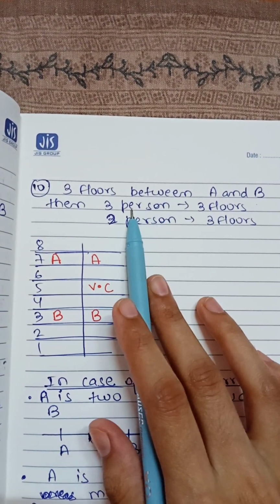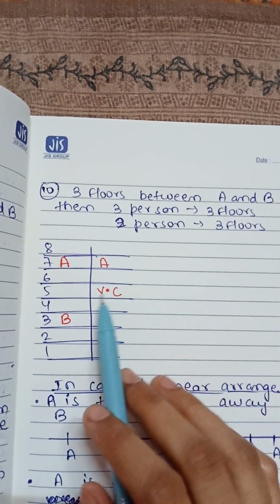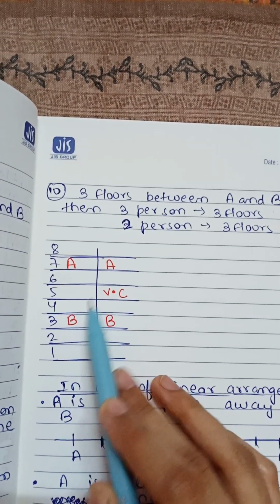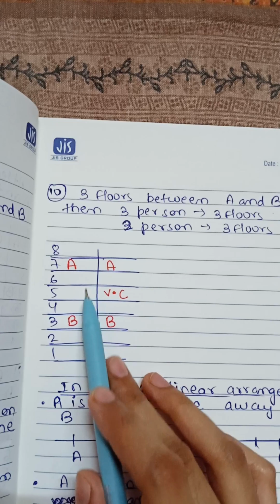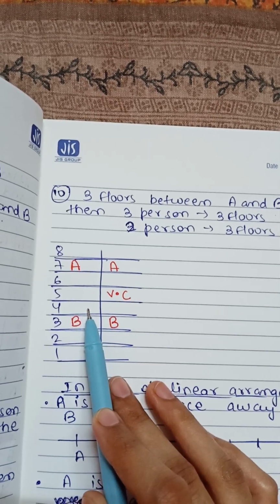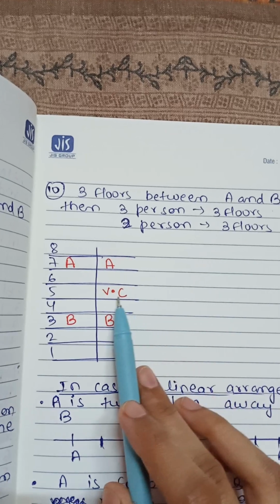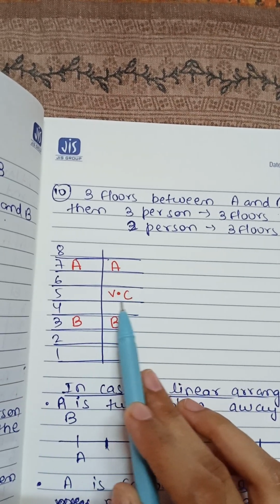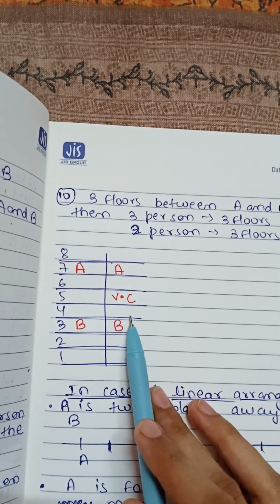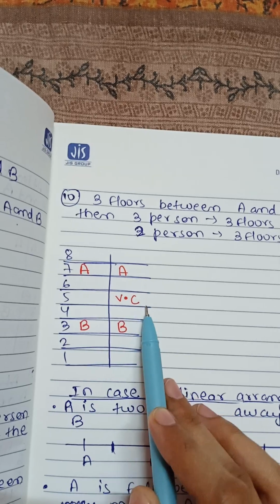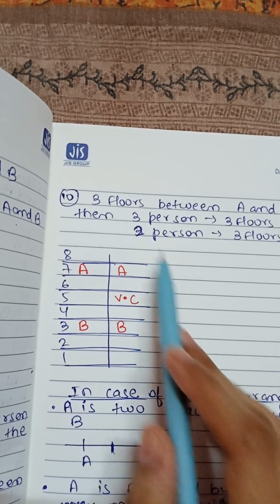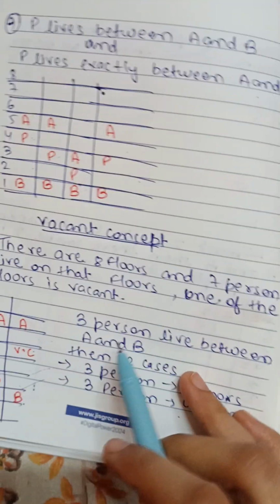If we have to place 3 floors between A and B, then simply there are 3 floors between A and B. Here 3 persons can sit. Or another one is 2 persons, 3 floors. There can be a vacant floor between A and B. So we can place only 2 persons, but floors here are 3. So this is the difference between floors and persons.